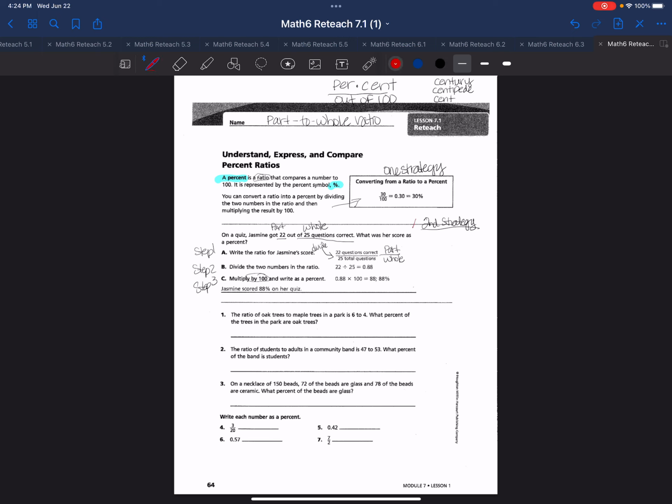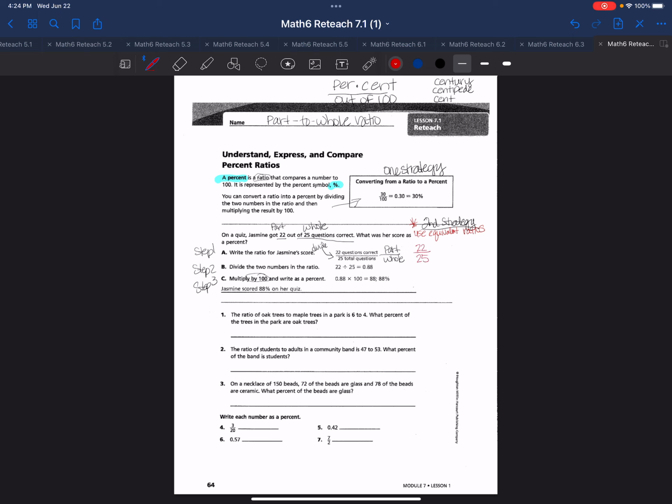Then here's a second strategy where we can use equivalent ratios. So I start out with my part whole. My part whole is 22 out of 25. And then I need to ask myself, it needs to be out of 100, because percent means out of 100.